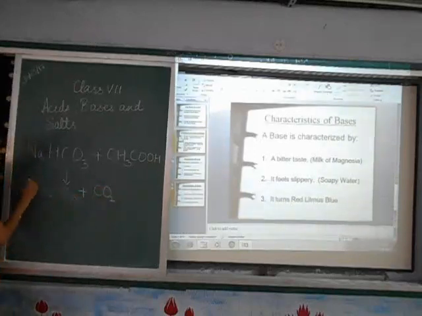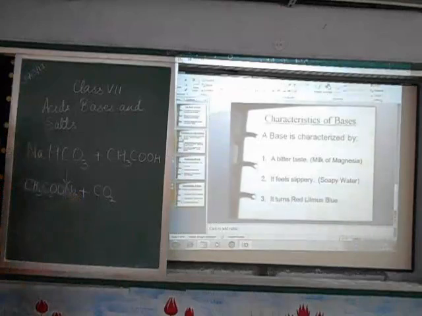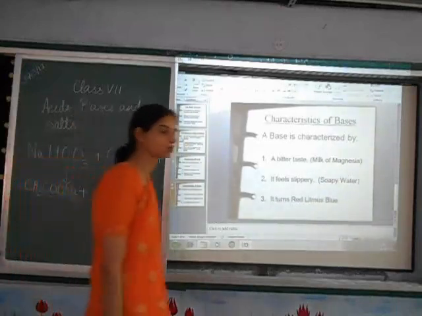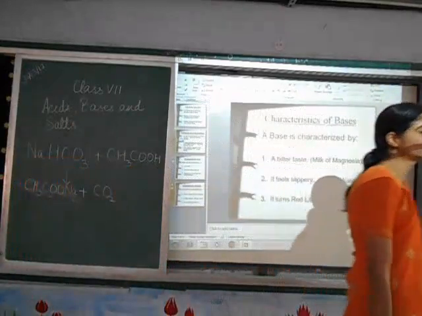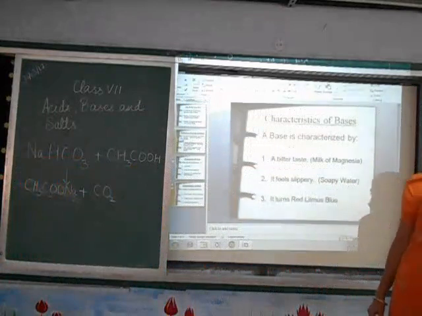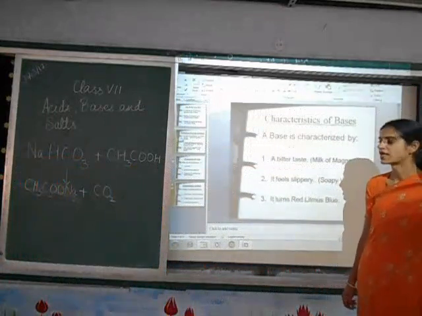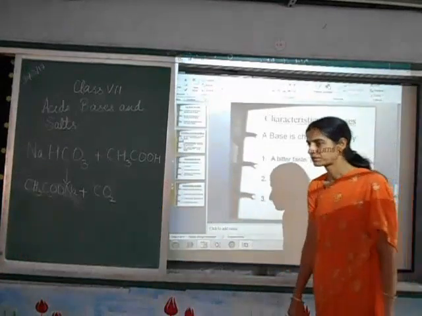The salt which is formed here is actually acetate. Now you don't need to go into such deep details, you only need to remember that vinegar reacts with baking soda to form salt and carbon dioxide.